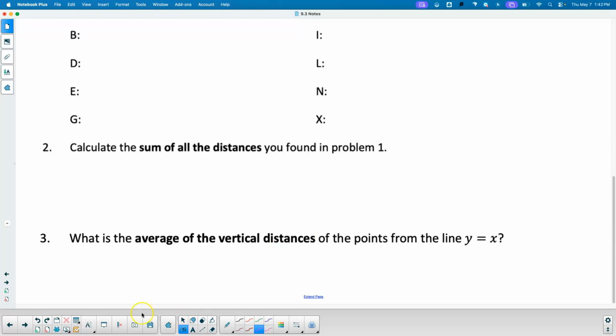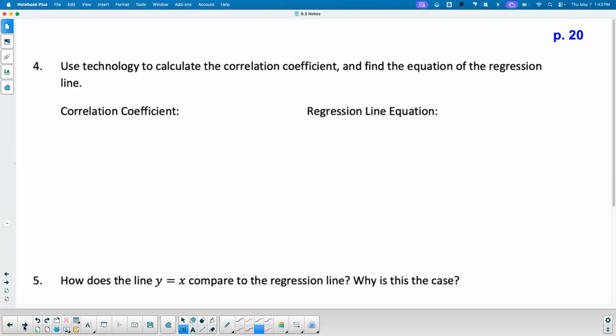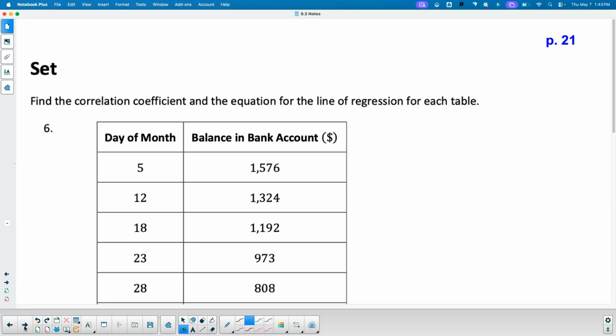Then on page 20, we're going to have you skip numbers 4 and 5, which I think is all of page 20. Then here's some more Desmos action, finding the correlation coefficient and the equation of the line of regression.